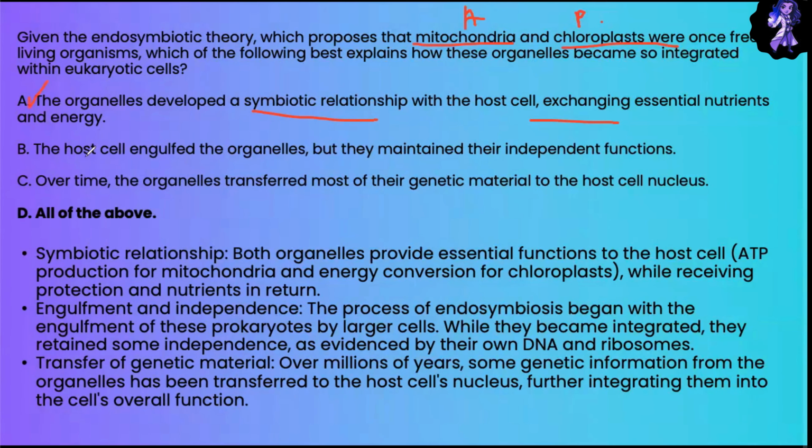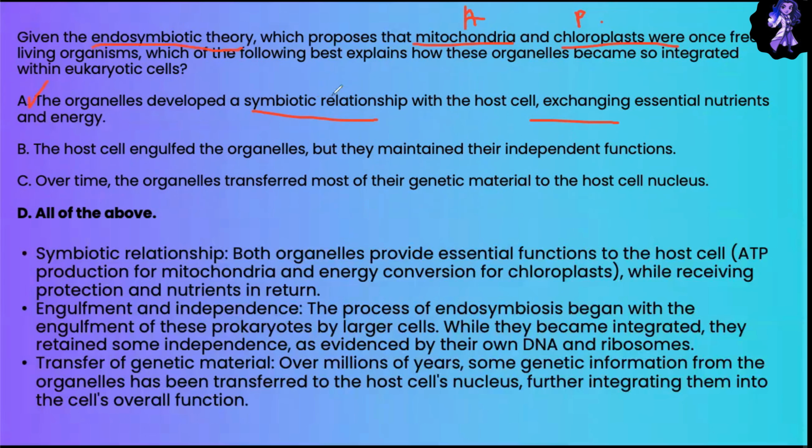If I look at answer choice B, it says the host cell engulfs the organelles, but they maintain their independent functions. So that is what we talked about with the endosymbiotic theory, the overarching theme, the understanding that at some point there was a mitochondria that had evolved from a prokaryote, and that the prokaryote had engulfed that mitochondria and that ended up becoming a eukaryotic cell.